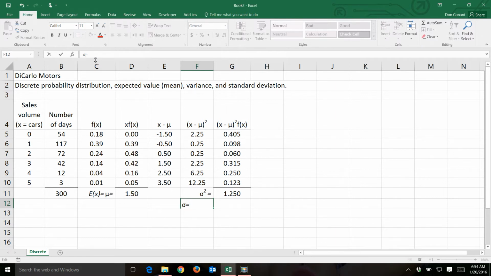So I want the standard deviation, which is simply the square root of the variance. So I'll use the square root function in Excel of the variance. And that gives me the standard deviation. Those are the steps you use to create a discrete probability distribution through observation, and then to find the mean, expected value, variance, and standard deviation of the distribution.